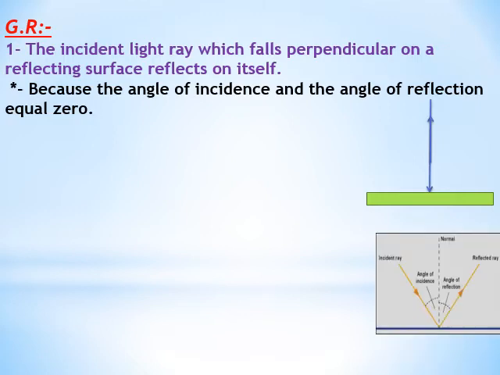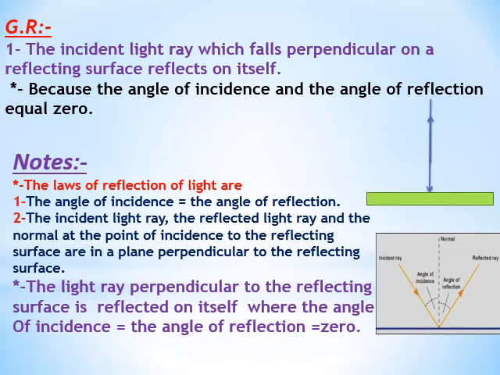Now the laws of light reflection. We have two laws of light reflection. The first law says that the angle of incidence equals the angle of reflection.